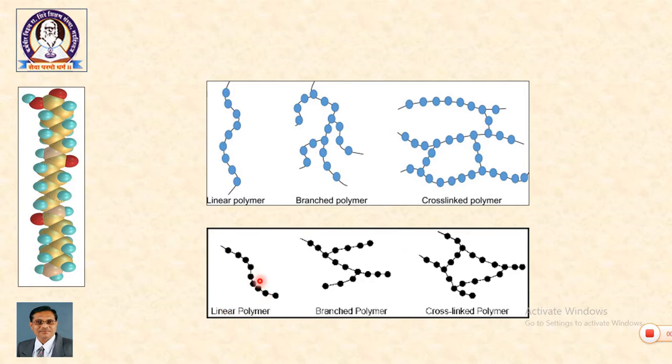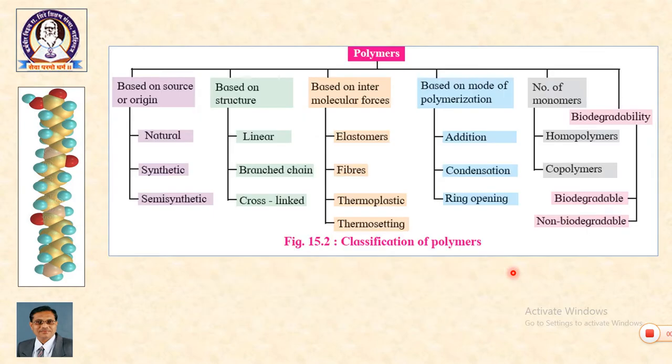The second set of figures shows linear polymer, branched and cross-linked. So, branched are low density, cross-linked are rigid in nature. This makes the difference in their properties. This chart once again gives the same summary of these various polymeric compounds.